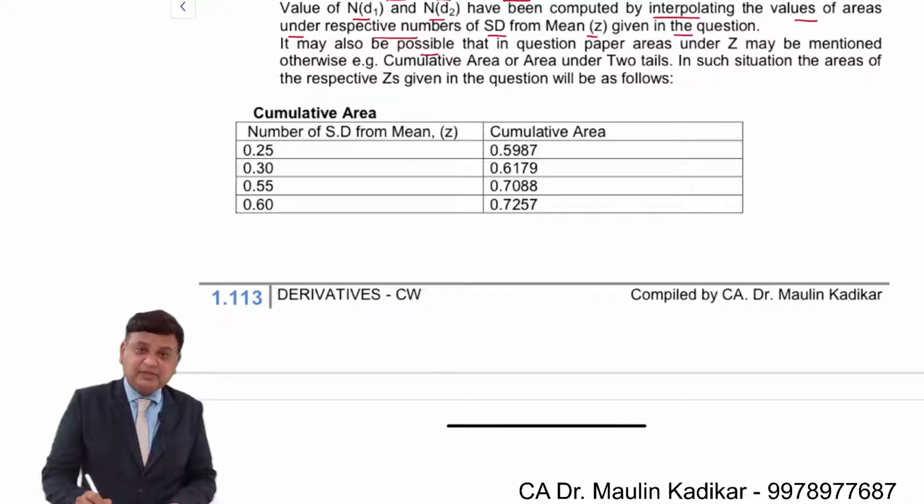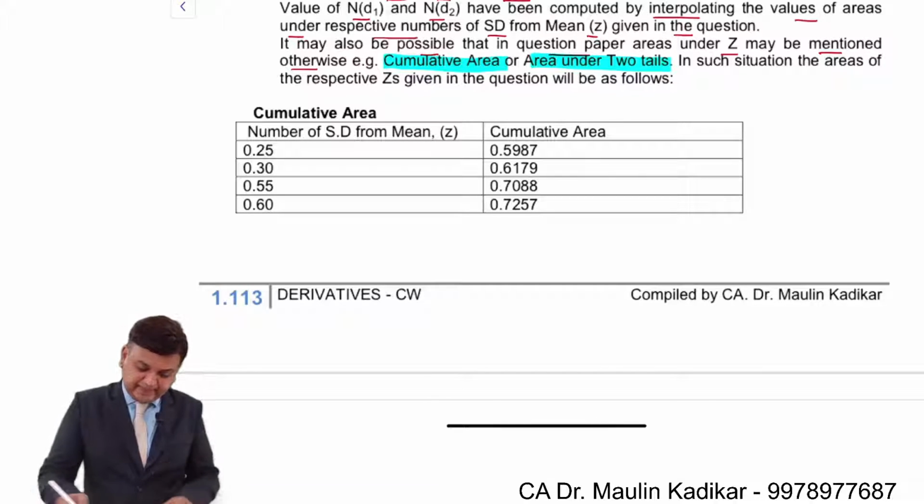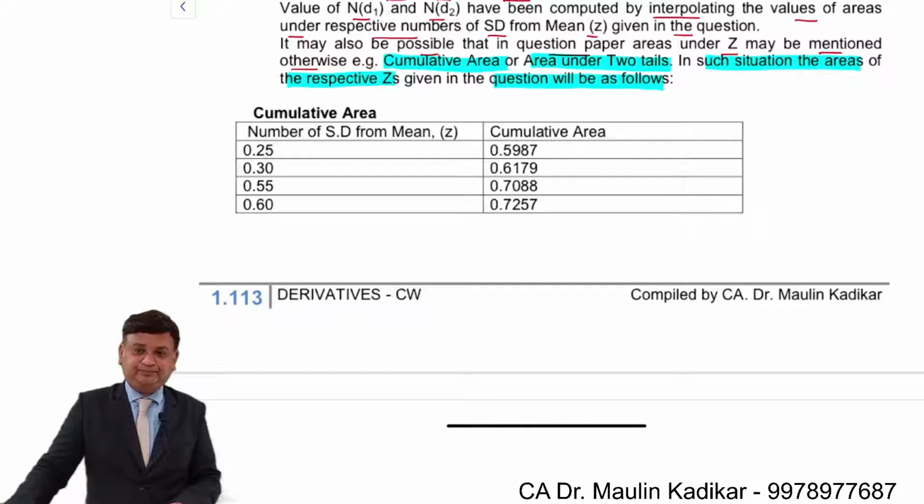It may also be possible that in the question paper areas under Z may be mentioned otherwise. Example, cumulative area or area under two tails. Instead of one tail, we may be provided with two tails. In such a situation, the area of the respective Z given in the question will be as under.